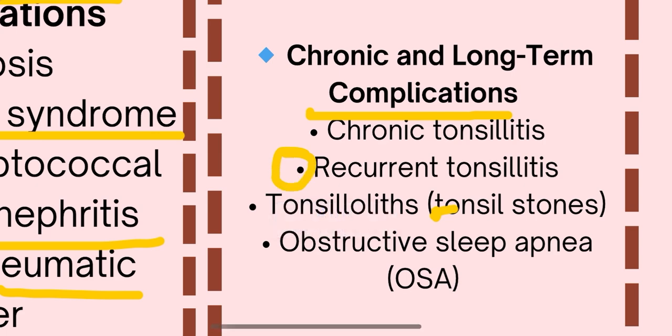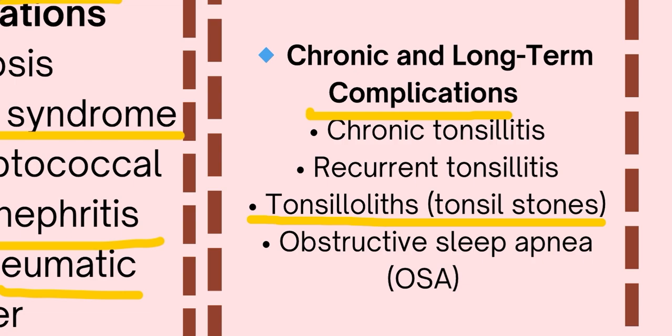Next, we have recurrent tonsillitis, when tonsillitis episodes occur 7 or more times per year. Another is tonsillolithiasis, which is the formation of tonsillar stones, and lastly, obstructive sleep apnea.